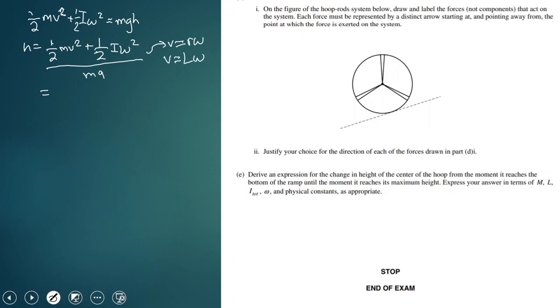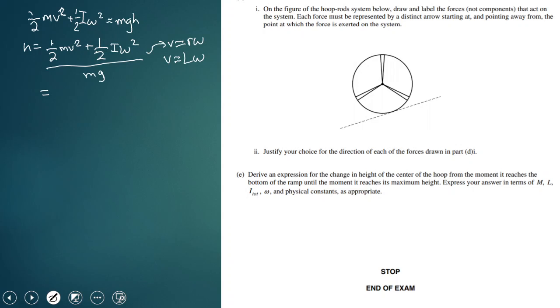Now, one of the things you guys can recognize on why exactly we do this is because in the question, it says express your answer in terms of M, L, I total, and omega, and physical constants as appropriate. So nowhere is v listed. Because of that, you would get a sense of what type of conversions you'd have to make.